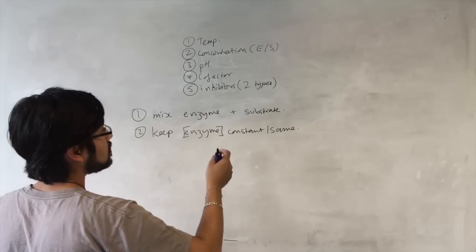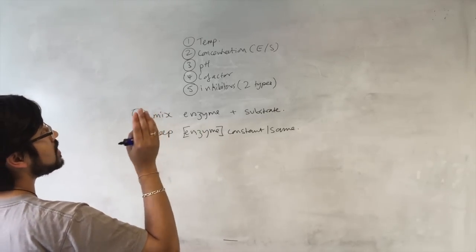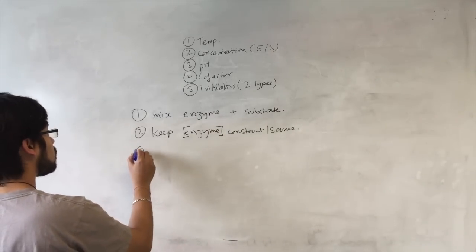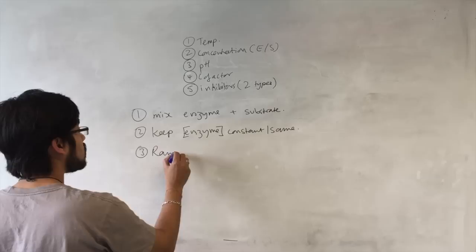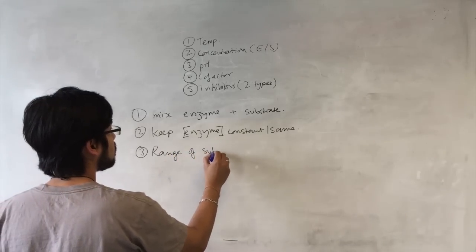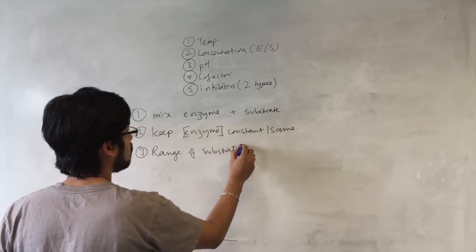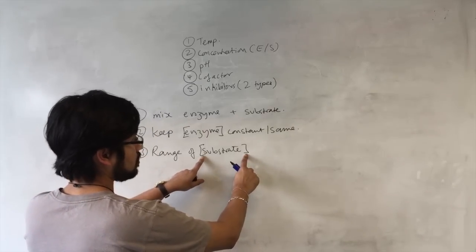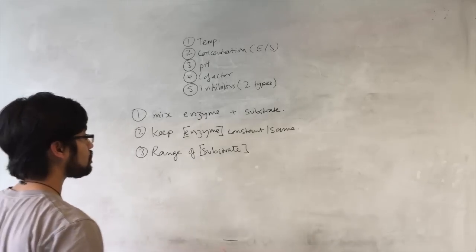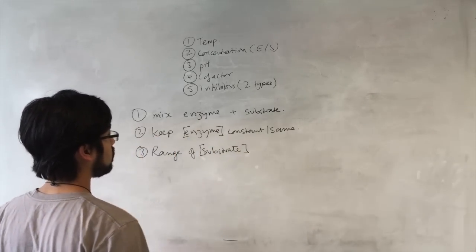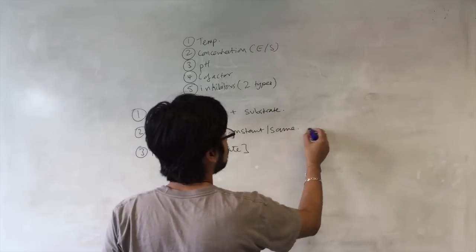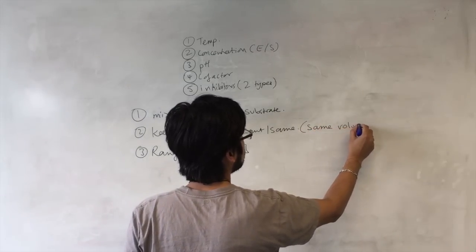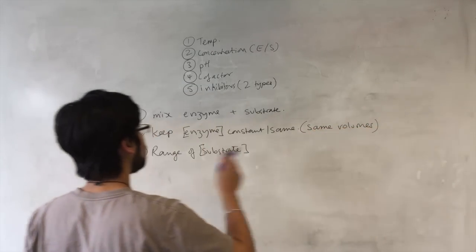And let's just say, for example, we are investigating the effect of substrate concentration. In that case, we will have a range of substrate concentrations. Just to save time, I'll abbreviate concentrations. So we'll keep enzyme concentration constant. Remember, also, we must keep the volumes constant. Same volumes.